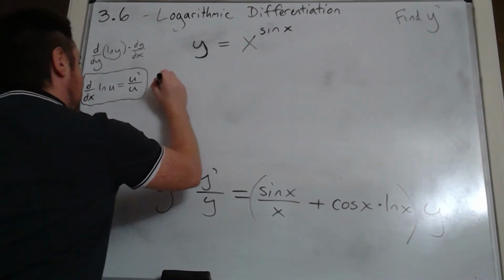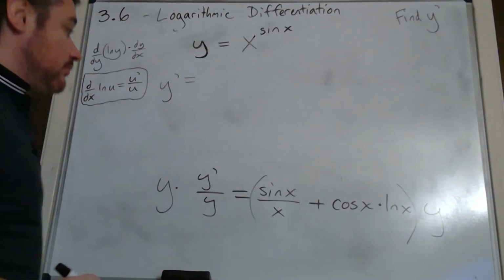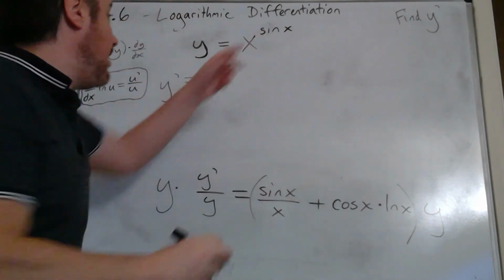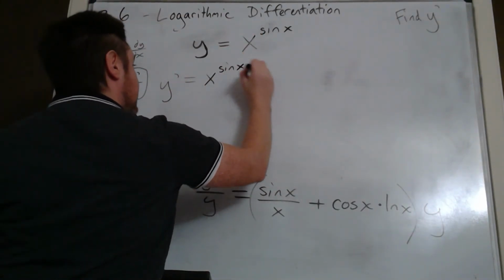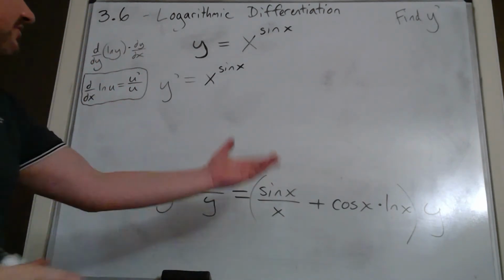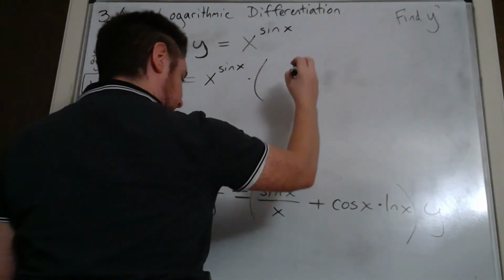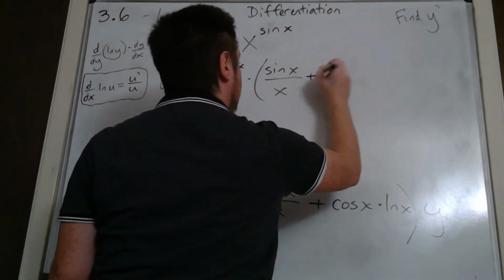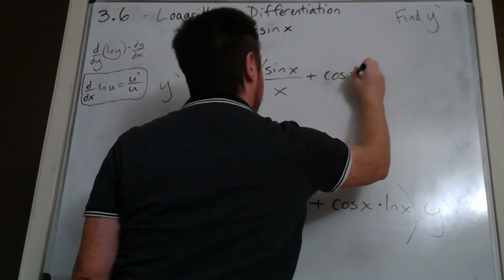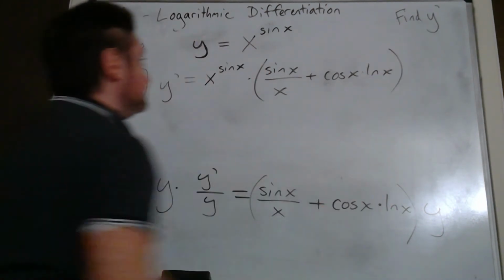But what we've got right now is y prime is equal to the original function, y, x to the sine of x, times the rest of this thing. And I'm just going to leave it the way it looks. Sine x over x plus cosine x times natural log of x.